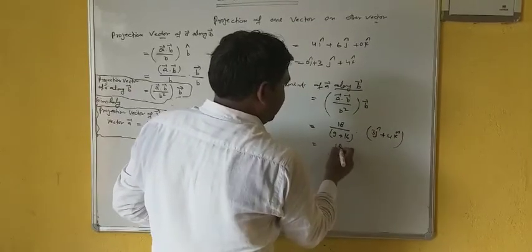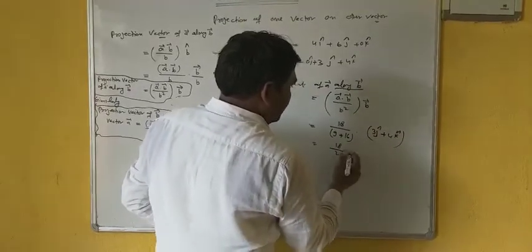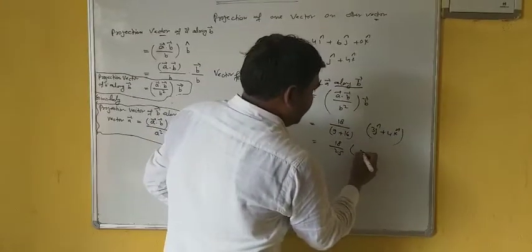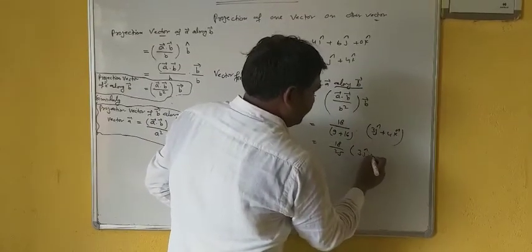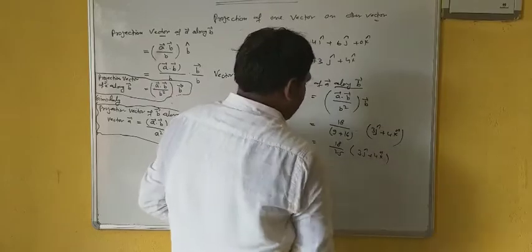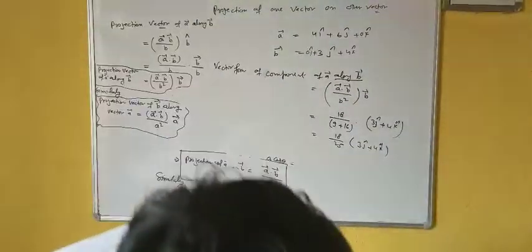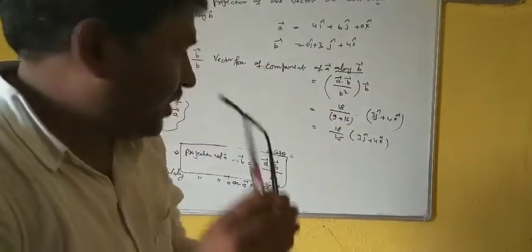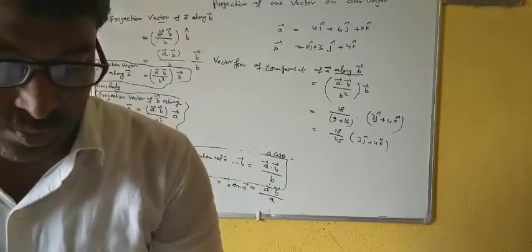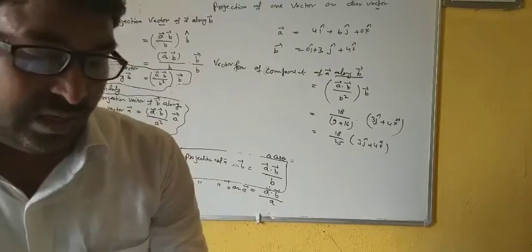This implies 18 upon 25 into 3j cap plus 4k cap. This is the projection of A along B in vector form.